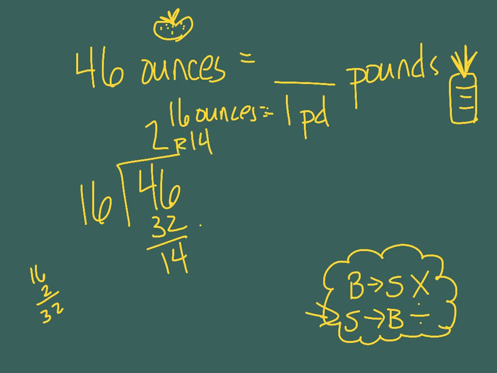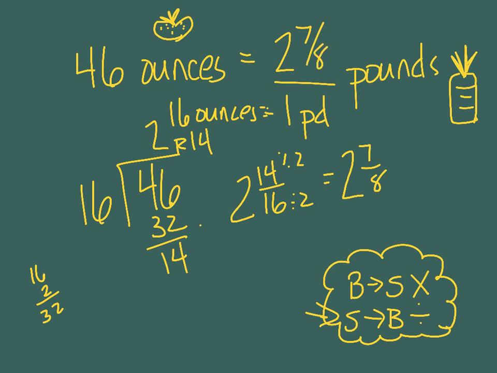But if we think about chapter 10, that means this equals 2 and 14/16. Well, 14 and 16 are both even, so I know that's not in lowest terms. I'll divide them both by 2, 2 over 2, correct? So I come up with a final answer of 2 and 7/8. So 46 ounces equals 2 and 7/8 pounds. That's the final answer for that one.